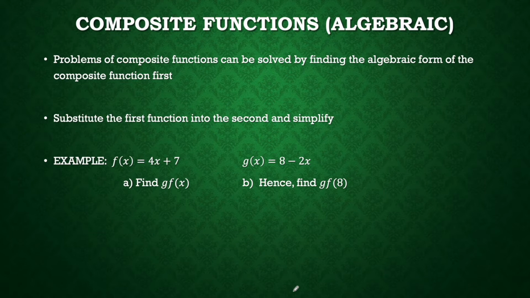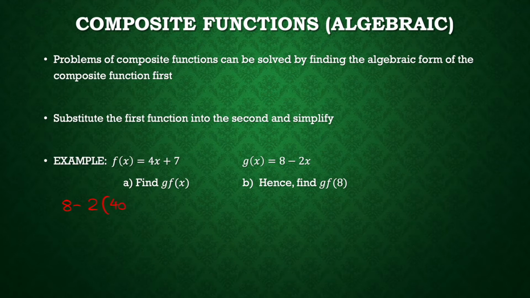So we start with f of x, and what that means is I'm going to substitute f of x into g of x. So that means everywhere I see an x in g of x, I'm going to substitute in f of x. So you always substitute the second one into the first one. So if I think about what I've got with g of x, that's 8 minus 2x, but rather than x, I'm going to write f of x in.